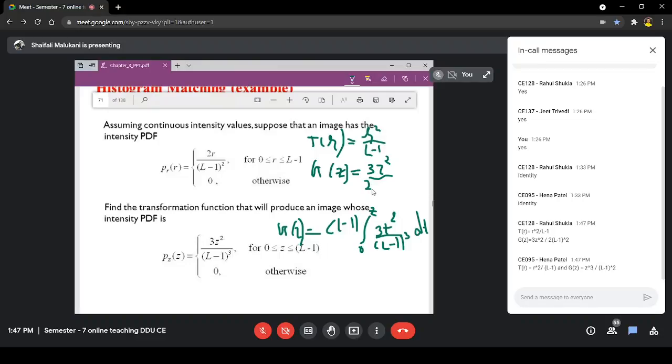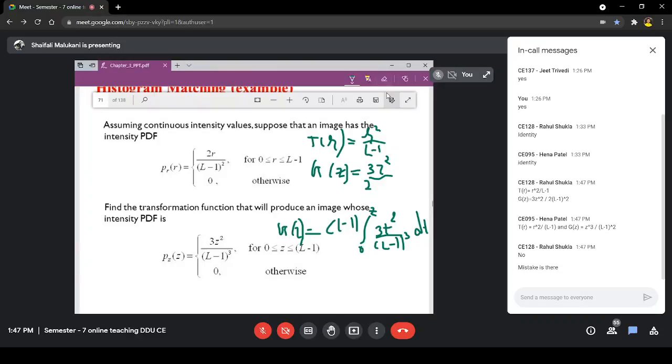Okay, here there is a conflict between Hena and Rahul. What will it be? I mean, give me one answer out of these two. There is a mistake. So should I assume it is Z cube divided by L minus 1 square, or is it something else? Check for GZ, all of you.